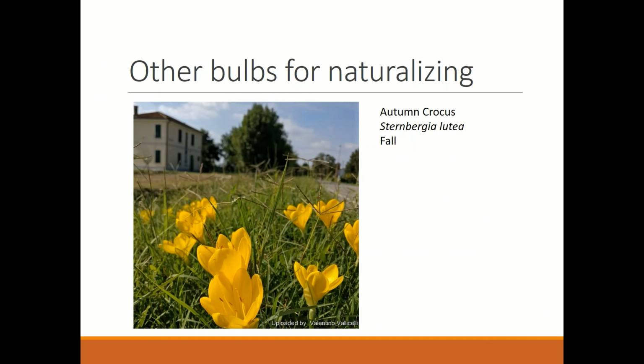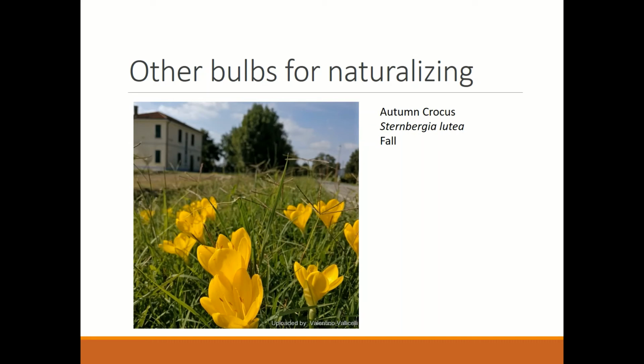This is an autumn crocus, Sternbergia lutea, so it flowers in the fall. One thing you always have to keep in mind is if you're naturalizing an area that's in turf grass, the reason that you want something that blooms early is because at some point you're going to have to start mowing that turf grass.